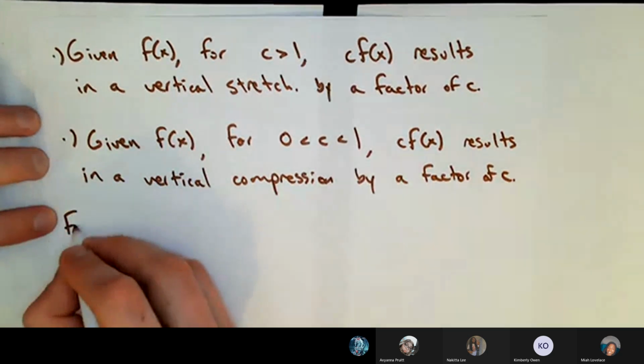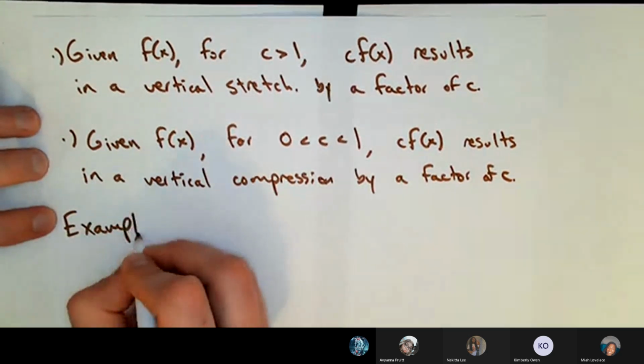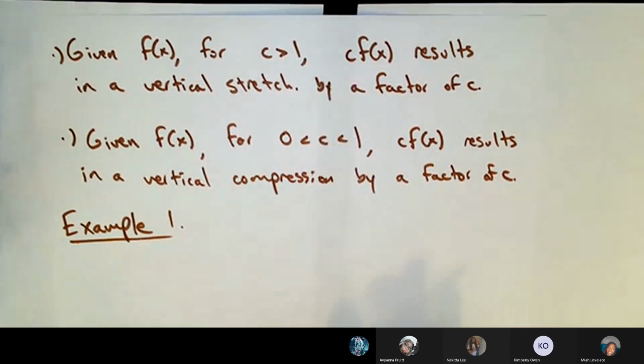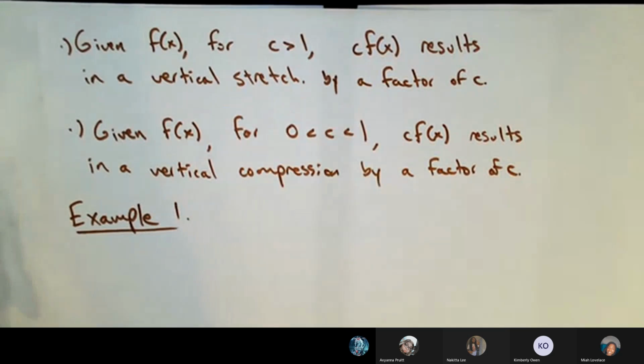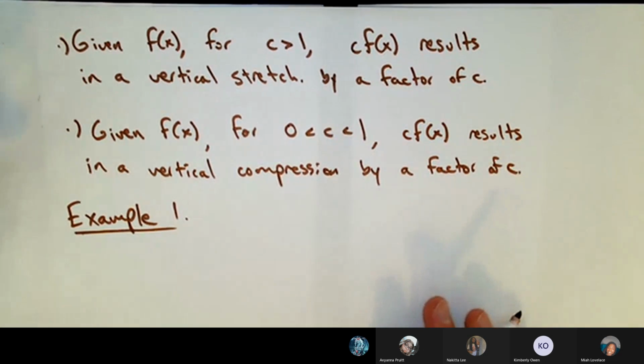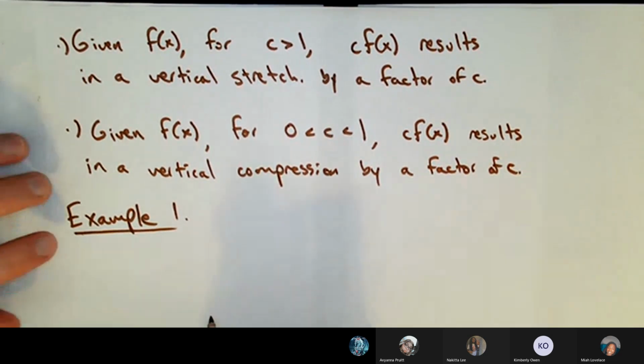So here's what I want you to be able to do. I want you to be able to get an example like this. And again, I'm just starting the examples over again because I don't remember what example we left off on, but okay. I want you to be able to take a function, know what its base graph looks like, and then know what each transformation on it does, and then be able to just sketch the graph.